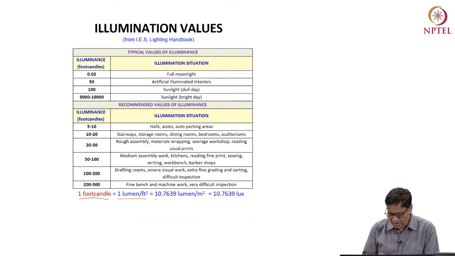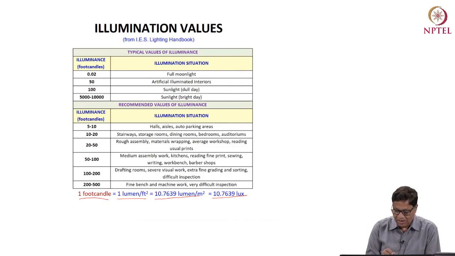This can be converted into 10.7639 lumens per square meter, which is equal to 10.7639 lux. So 1 foot candle is roughly equal to 11 lux. That is a very approximate way of relating foot candle and lux.